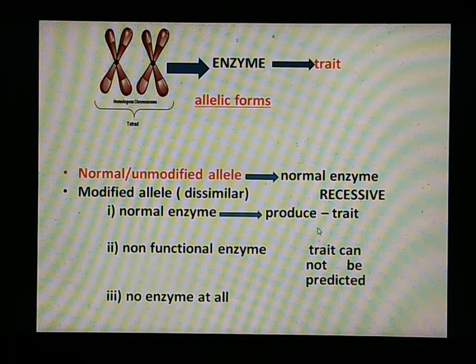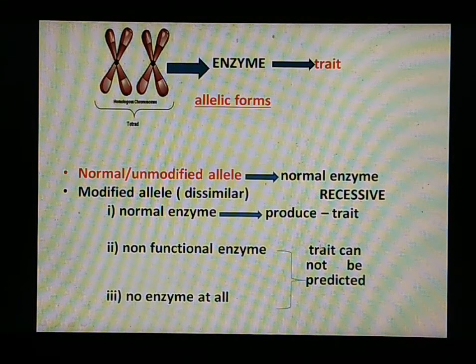But suppose the allele is non-functional, that means since it is modified, it is giving an enzyme but it is completely non-functional, or it is not producing any enzyme at all. In these two cases, it becomes difficult to predict whether that trait is observed or not.